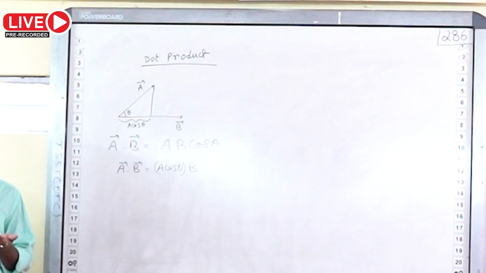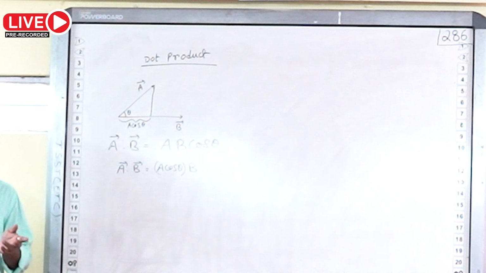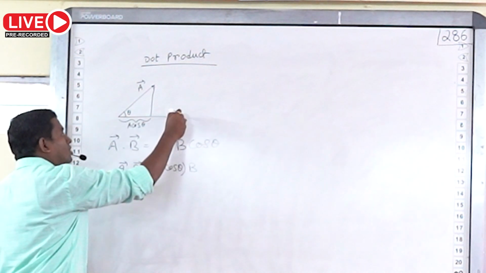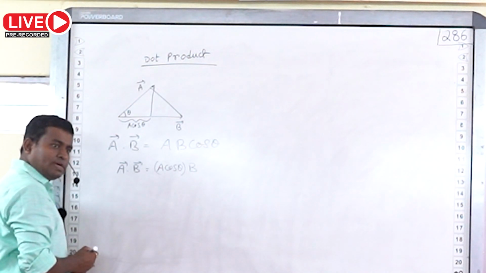Someone can say that I will take the component of B along the direction of A. So for that he has to draw the perpendicular over this in this way.